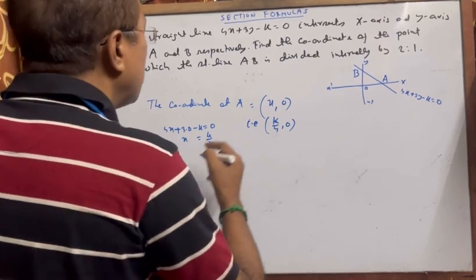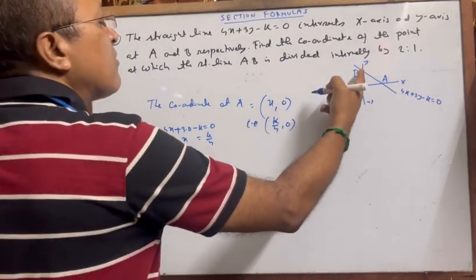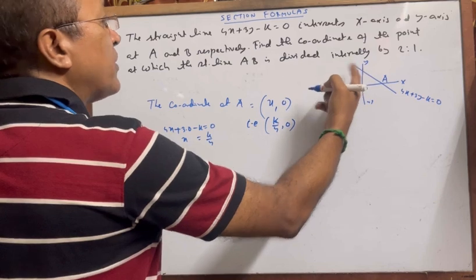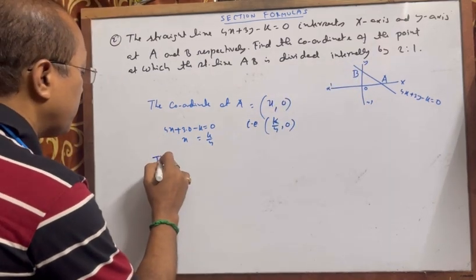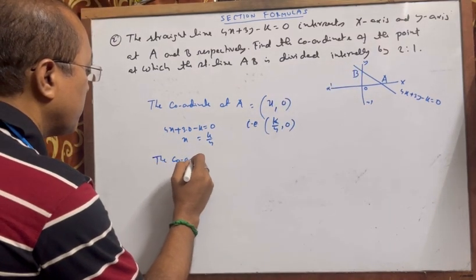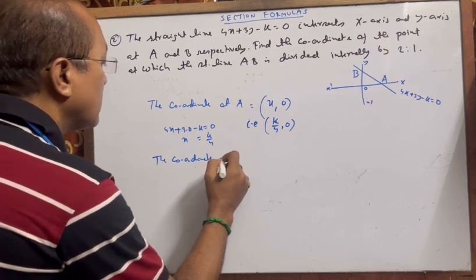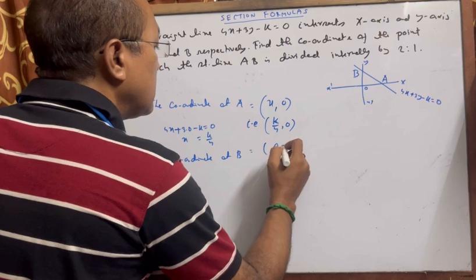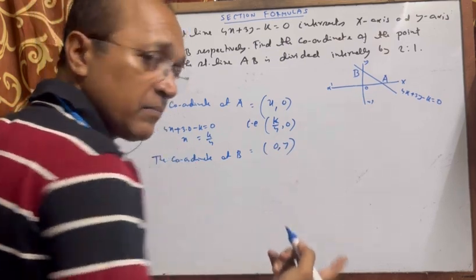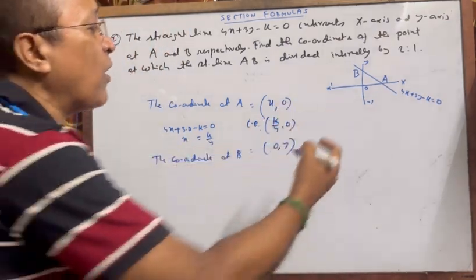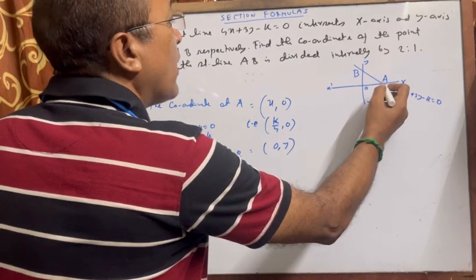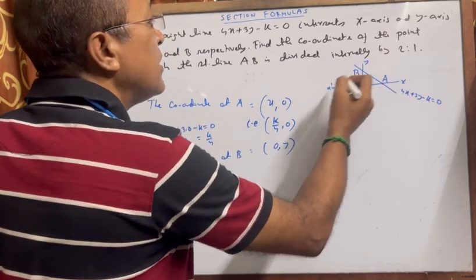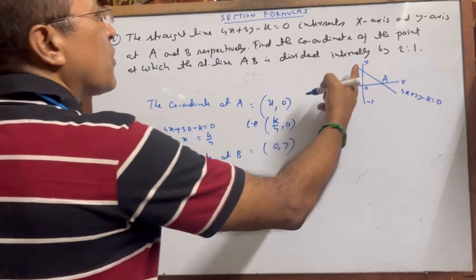Similarly, let's find the coordinate at B. The coordinate at B will be 0 comma y. At A the y coordinate will be 0, and at B the x coordinate will be 0.